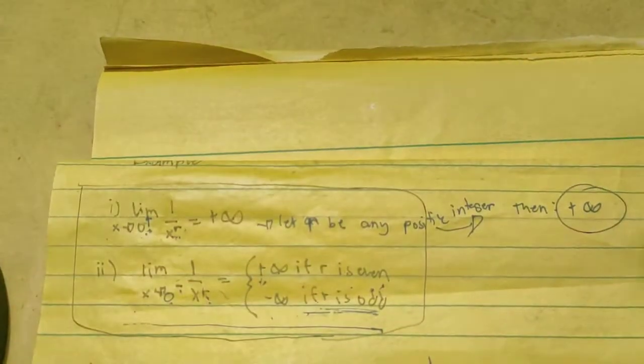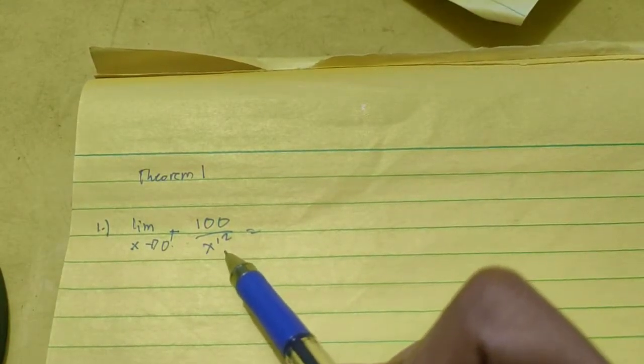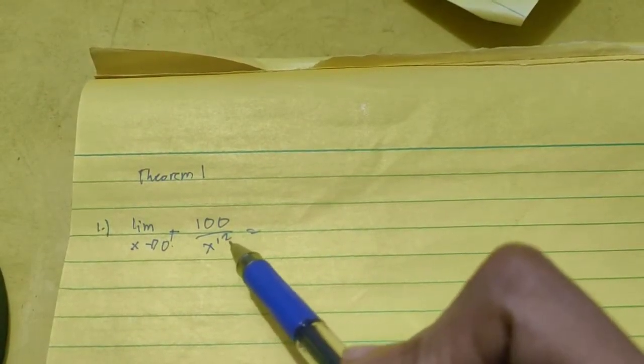So what do you think is the answer? The limit approaches to the right, and according to the rules, whatever the R is, it should be positive. Our R here is 12. Is 12 even or odd?